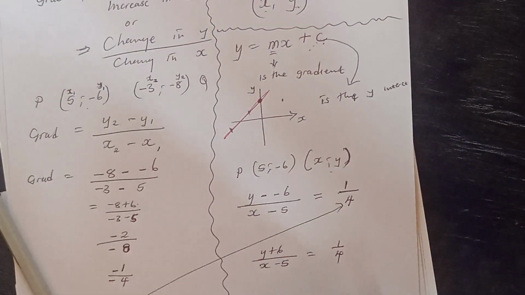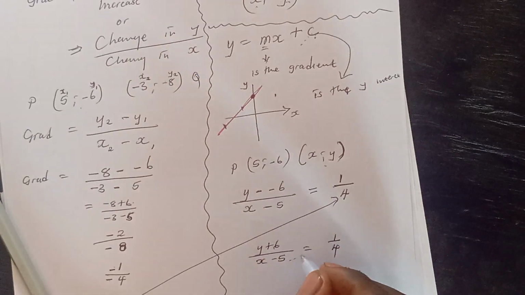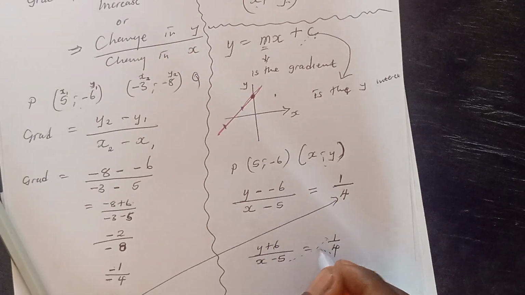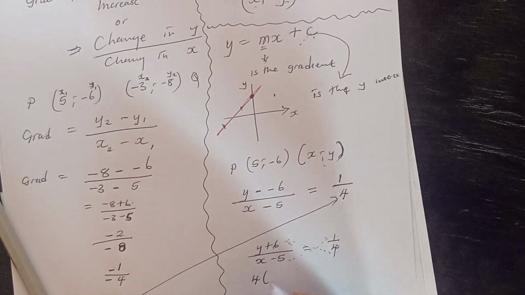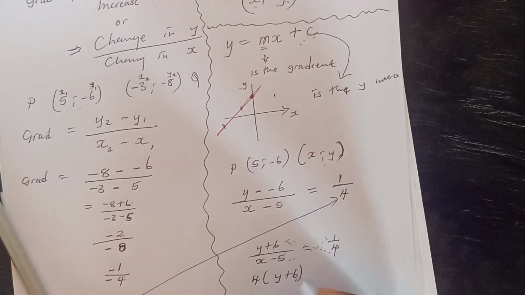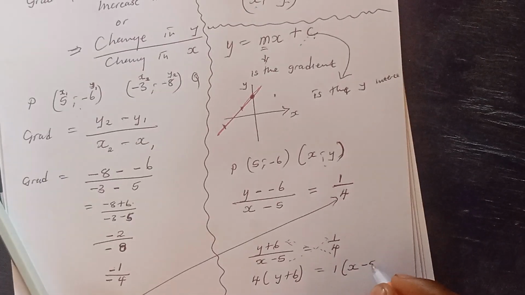Then we cross multiply: the denominator multiplies the numerator here, and the numerator multiplies the denominator here. So we have 4 multiplying y plus 6 is equal to 1 multiplying x minus 5.